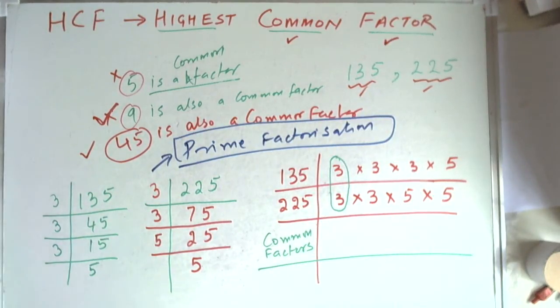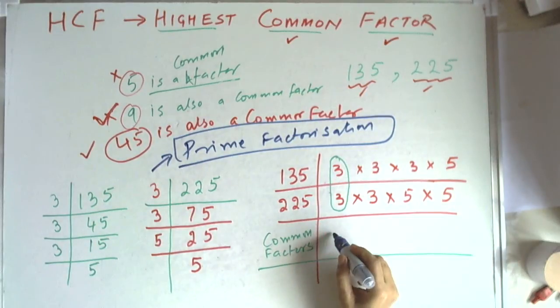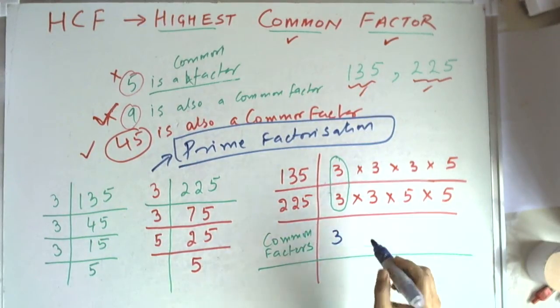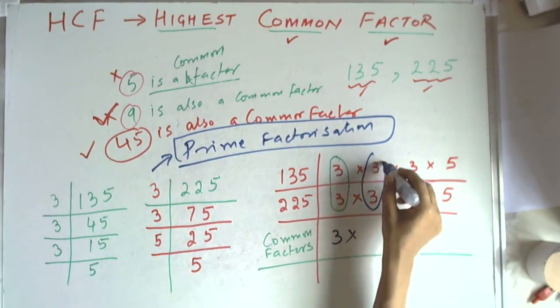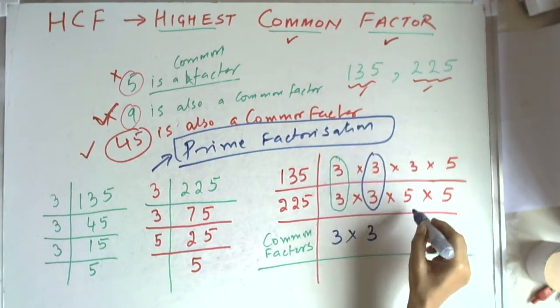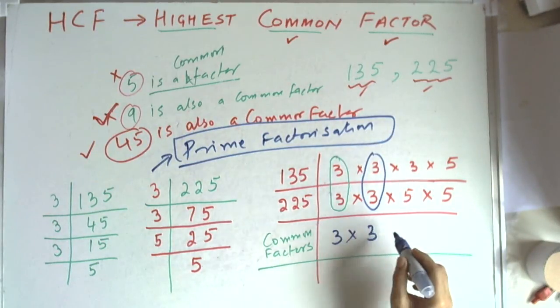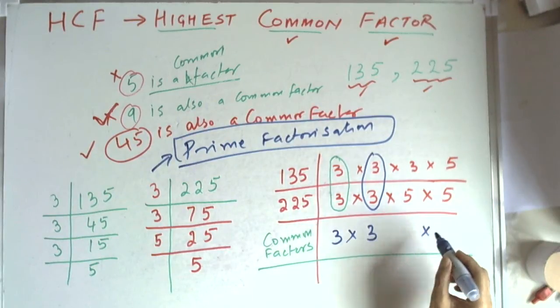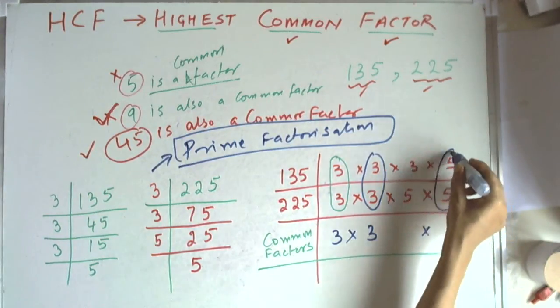So we can write here, 3 is a common factor. Then we see this also is a common factor. Then we can take it down. This is not a common factor. 3 and 5 is not a common factor. Then this is a common factor.